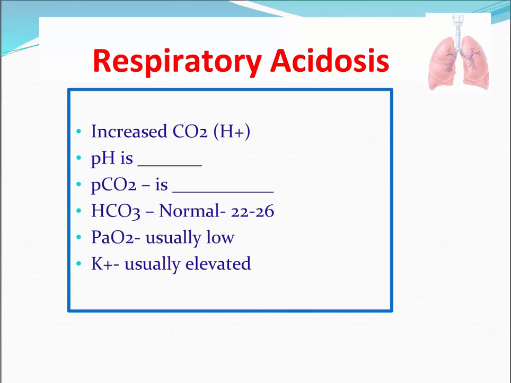Keeping in mind that generally, because it's a respiratory problem, the bicarbonate level is normal, between 22 and 26. Oxygen level is usually low, and the potassium is still elevated because it's still an acidosis. So why don't you fill in the pH and then the PCO2 and go to the next slide.